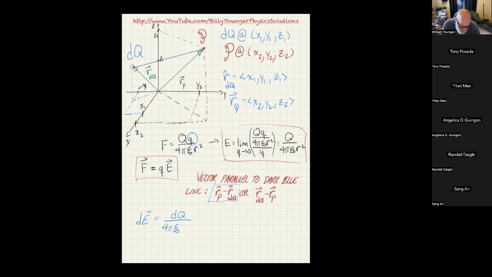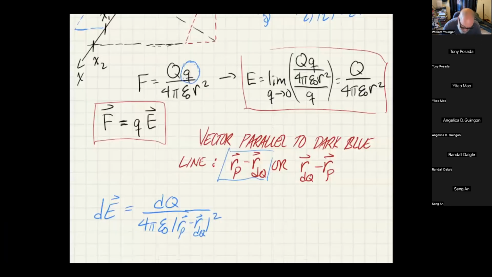Now I need the distance between dq and P, and we've already found that the vector pointing from dq to P has the right magnitude as its length. So I'm going to put in here the magnitude of the vector r_P minus r_dq, and then square it. Okay.